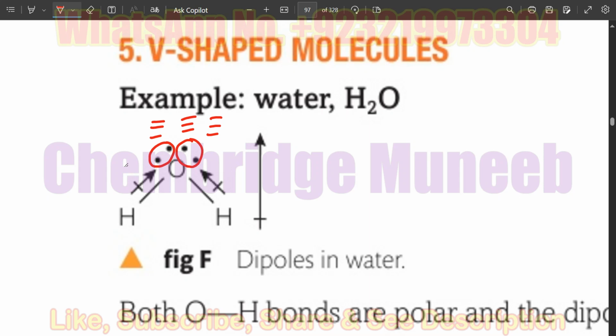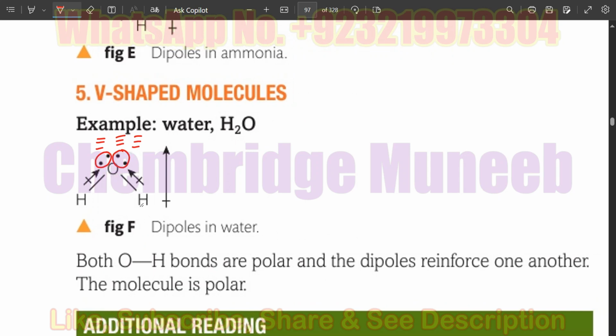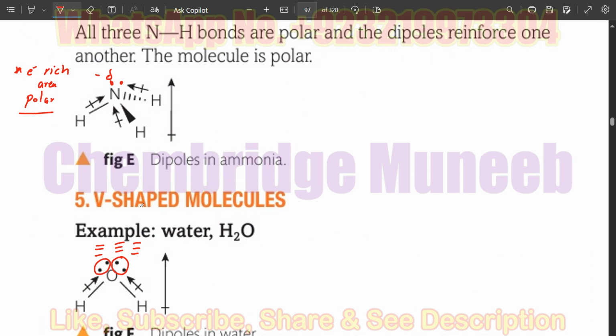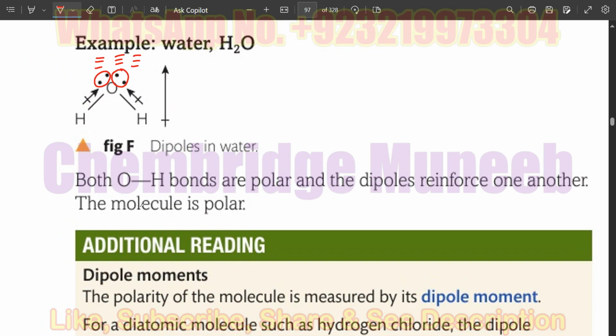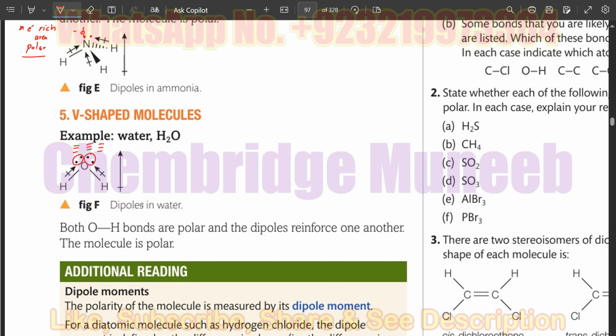For all those molecules which contain lone pairs on the central atom, such molecules will always be polar. In fact, the bonds are also polar here, not just the molecule. So these were all the examples of the polarity of the bond.